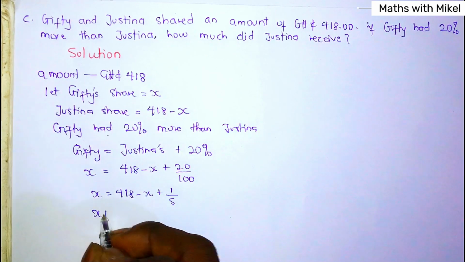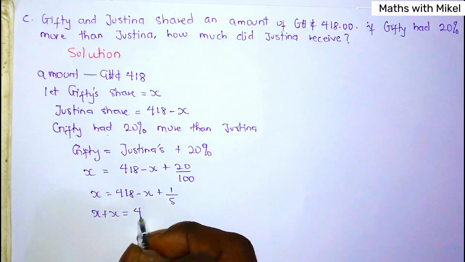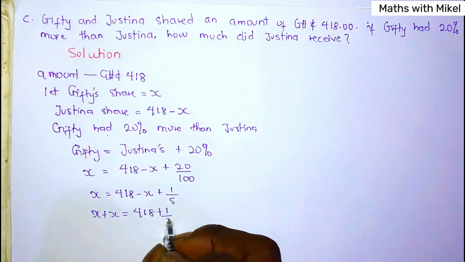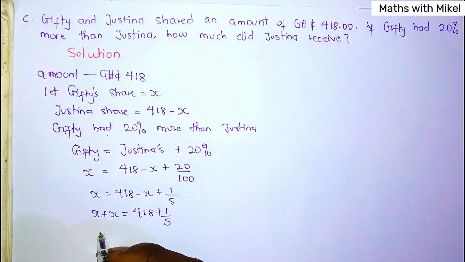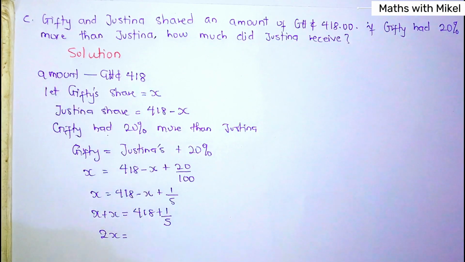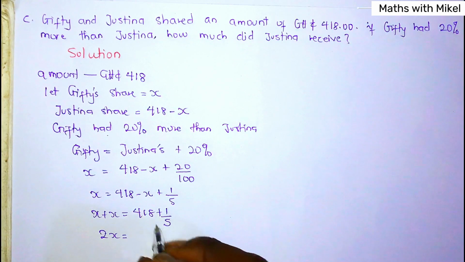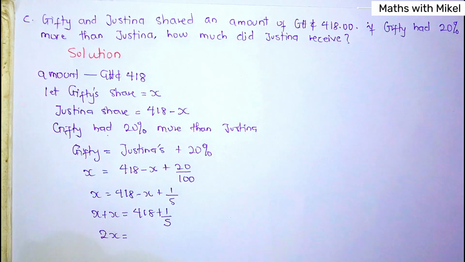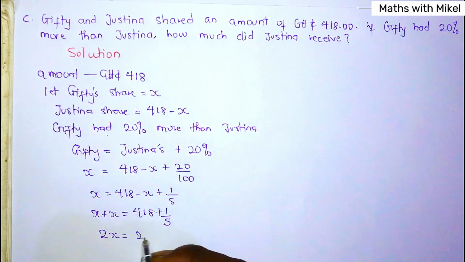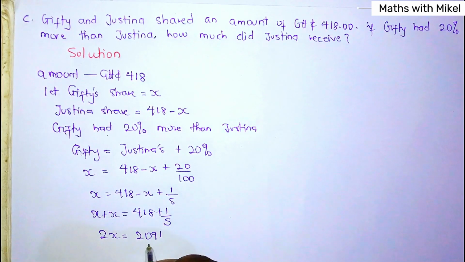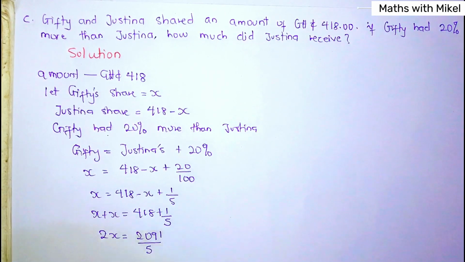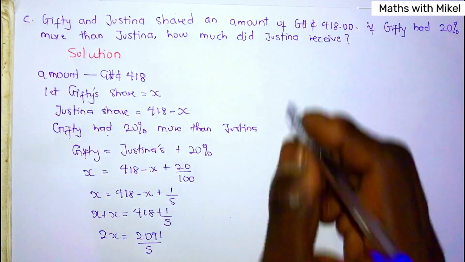We get x plus x is equal to 418 plus 1 over 5, which gives us 2x is equal to, if we find the LCM, 5 times 418 plus 1, we get 2091 divided by 5.